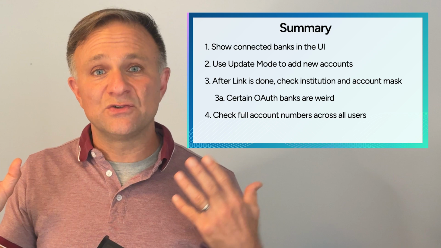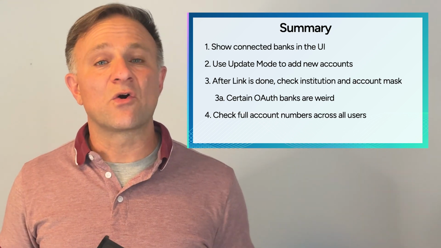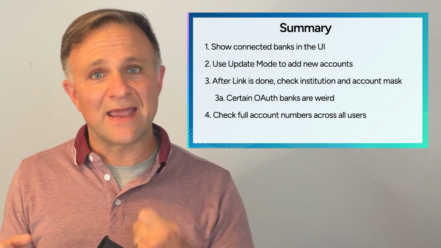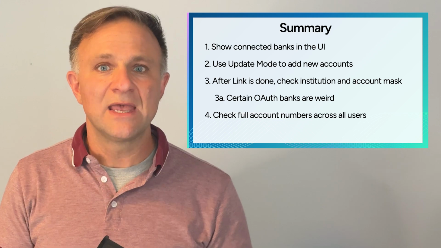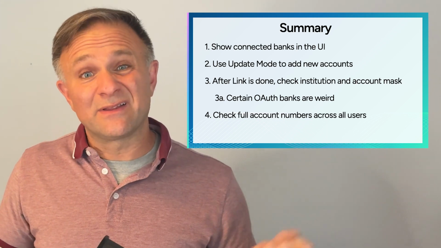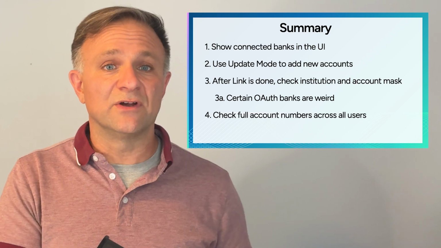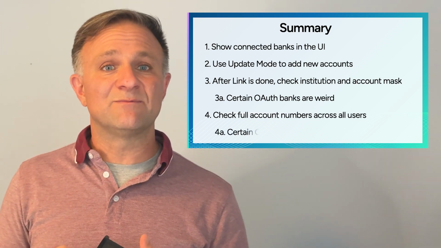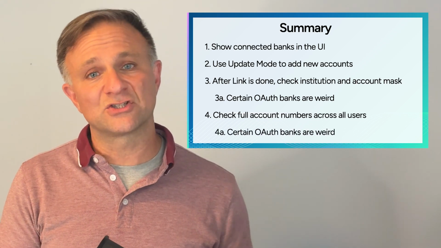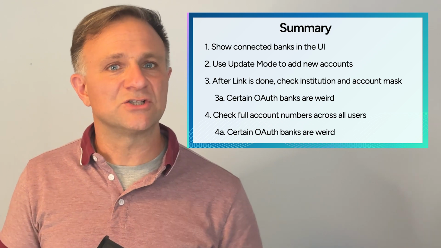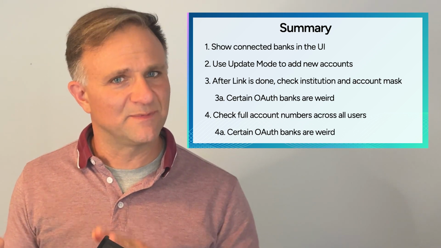You would probably do that using the full account number if you have it, or the persistent account ID if you're using a bank that has tokenized account numbers. If you do detect one, you might simply let it slide or use the same item ID and access token underneath the hood for both, particularly if it's one of these banks that only permits one OAuth connection at a time. Or, you can raise it to your fraud department if this whole thing seems suspicious.